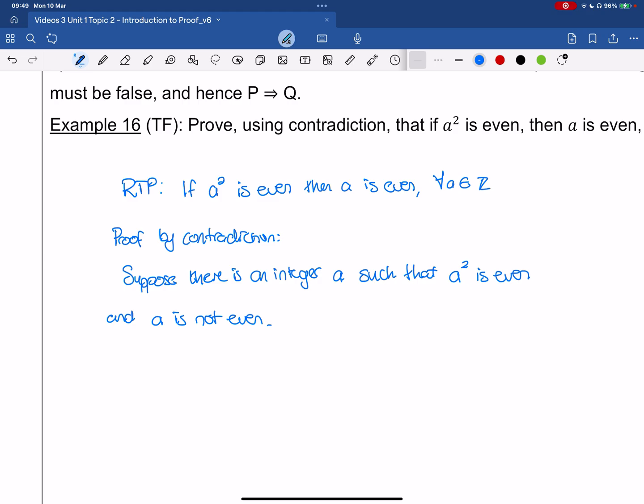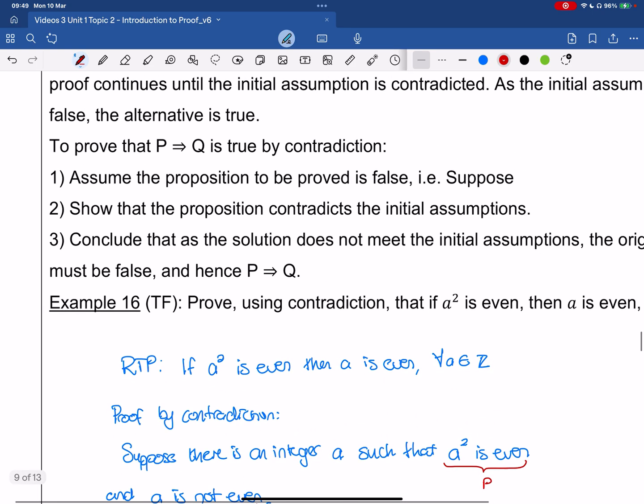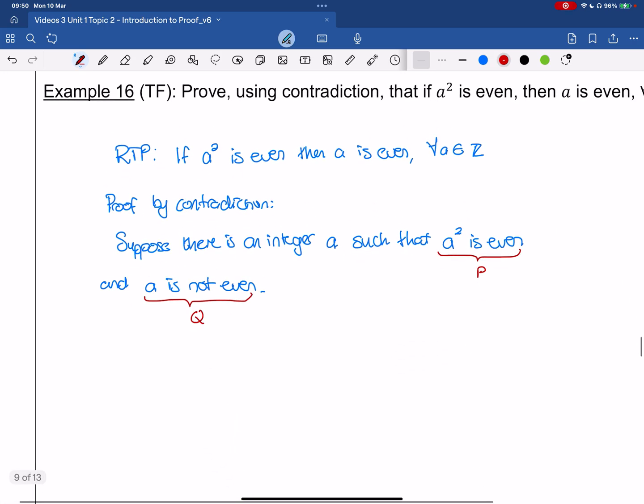So this is P and this is Q. Okay. So if we are proving it false, we're saying P and not Q. All right. So P and not Q.